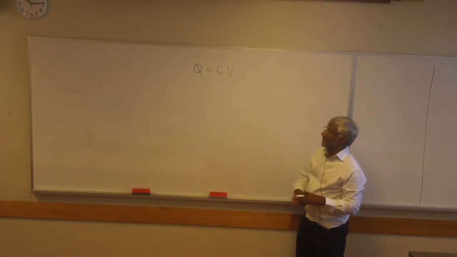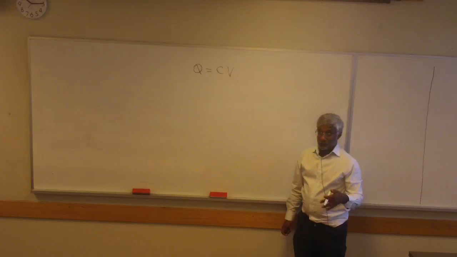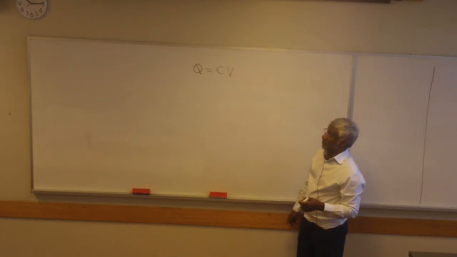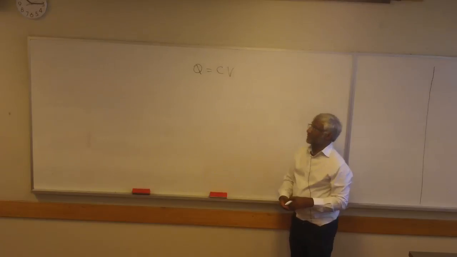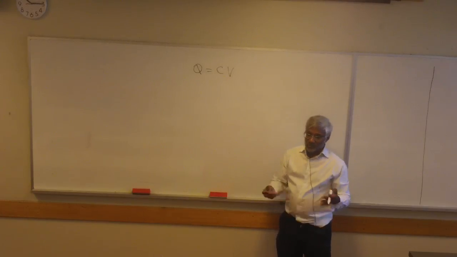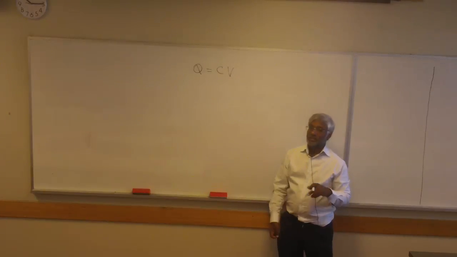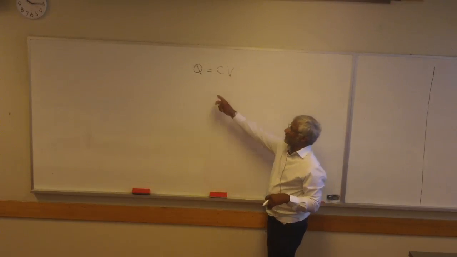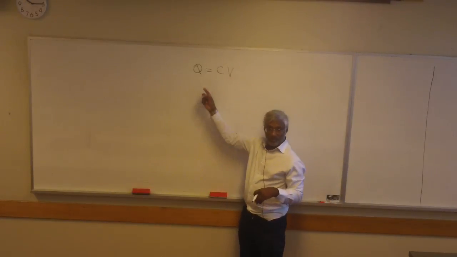Once you have that definition, you can look at the process of charging a capacitor. You would charge a capacitor with a current, and if that current was constant, the capacitor would charge at a constant rate. That rate would be the rate at which the charge is going up.